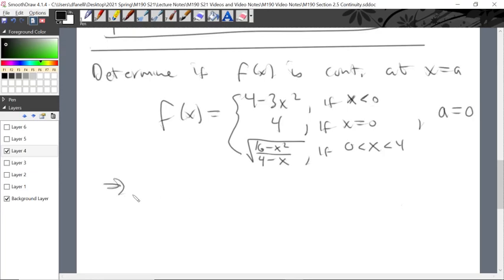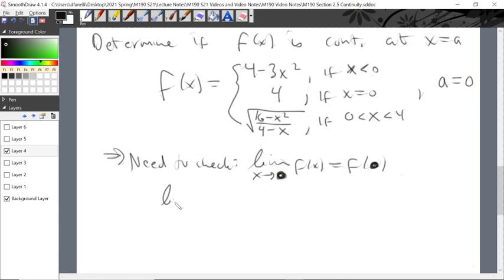We'll recall that a function is continuous at a value x equals a if the limit as x approaches a of f of x is equal to f of a. So to check if f of x is continuous at x equals 0, we need to check if the limit as x approaches 0 of f of x is equal to f of 0.